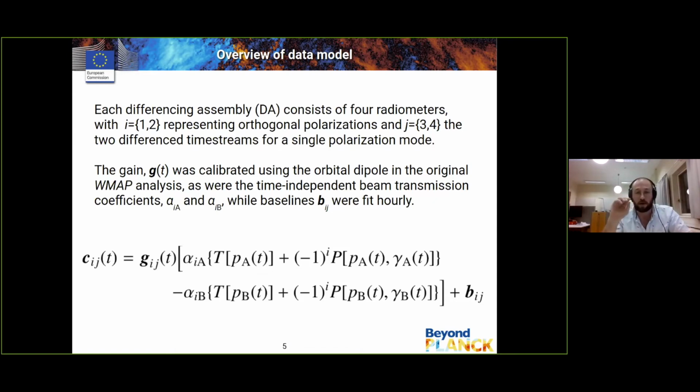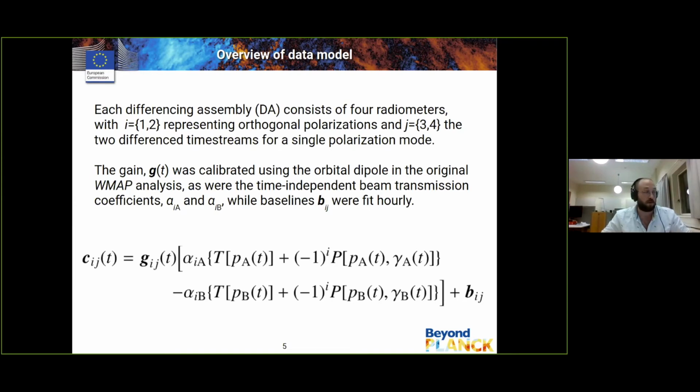And there's this extra alpha parameter, which includes the difference in the, essentially, this is where the imbalance comes from. Basically, the reception of each horn to the polarization is slightly different for horns A and B, and that needs to be taken into account and actually fitted during the time-ordered analysis.